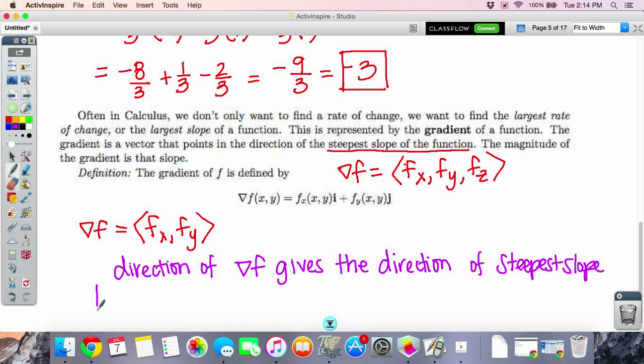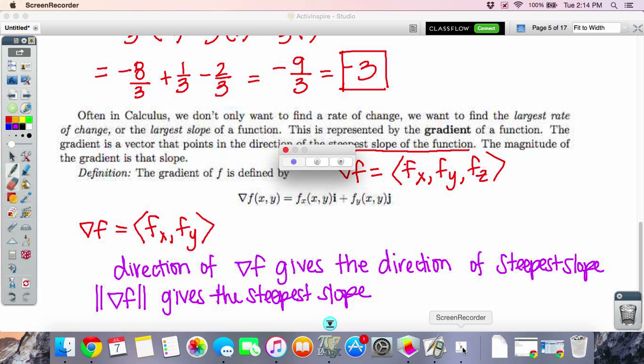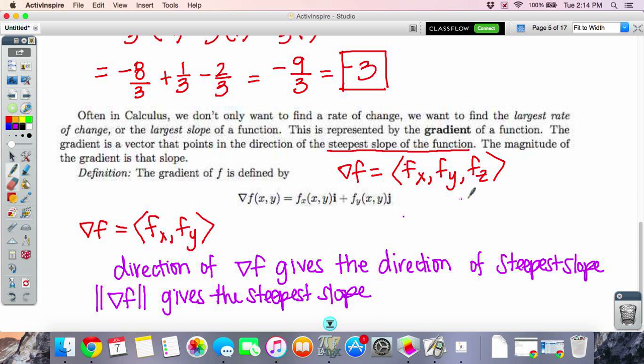And then the size of the gradient vector, the magnitude of the gradient vector, actually gives you what is the steepest slope. So 2 pieces of information hidden in the vector. It's like which way should I face to go the most uphill, and then the size of it is what is the slope of that uphill.